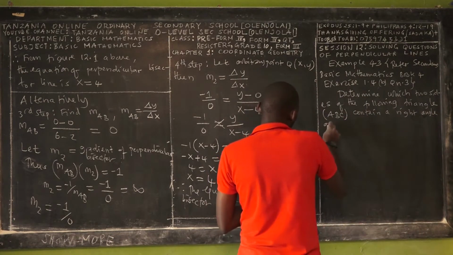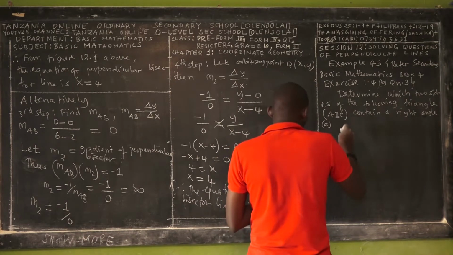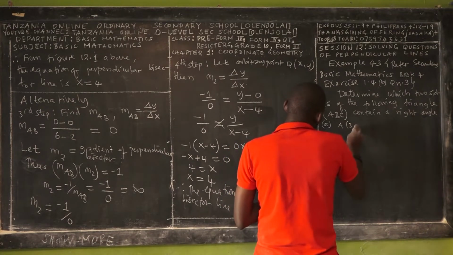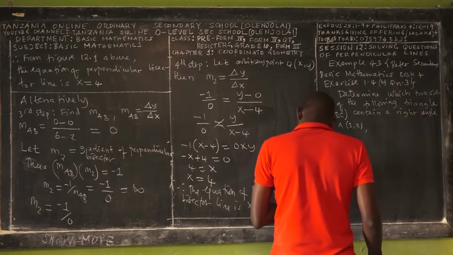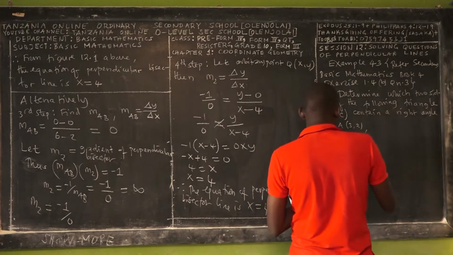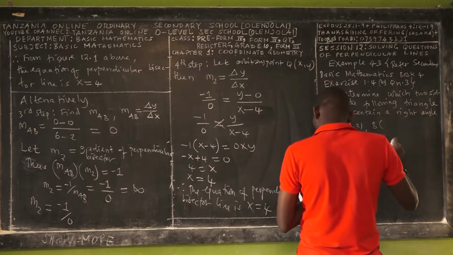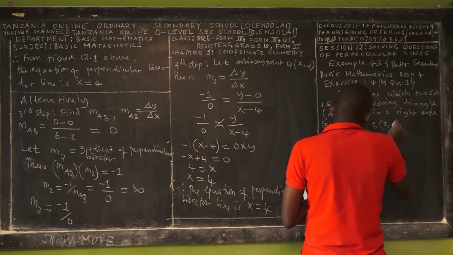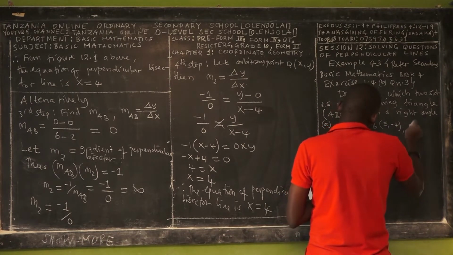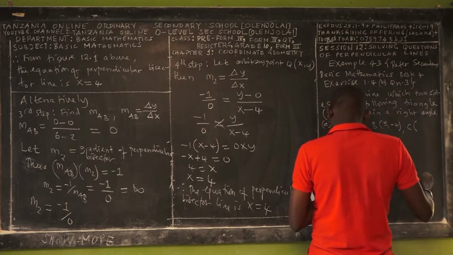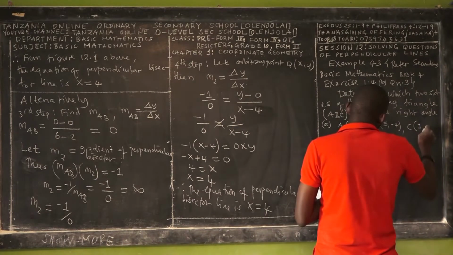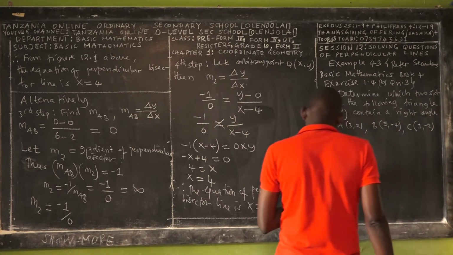A is (3, 2), B is (5, -4), C is (1, -2).